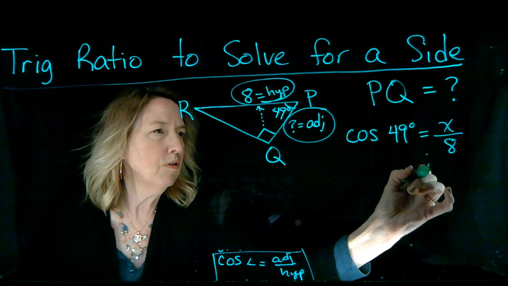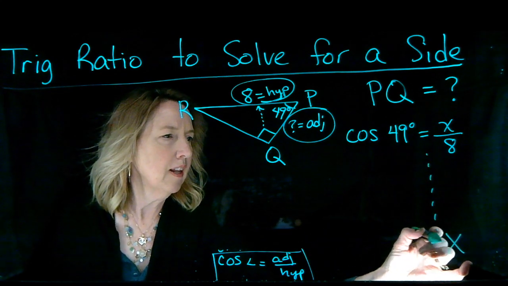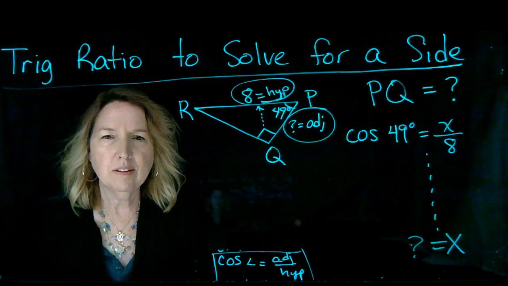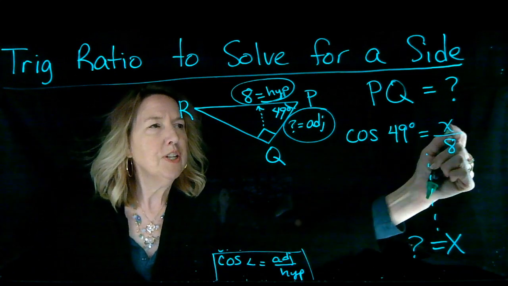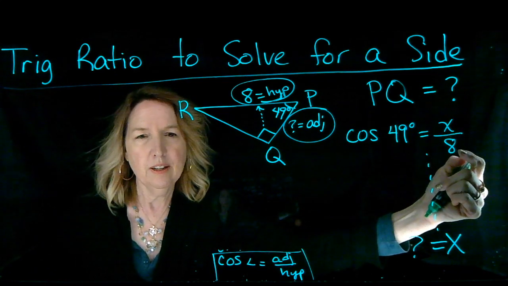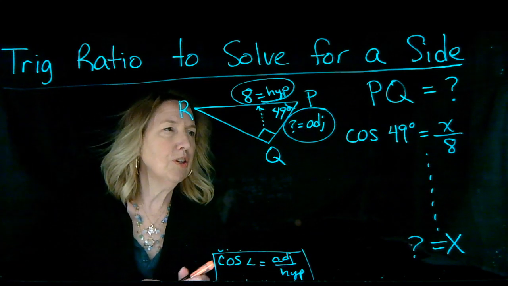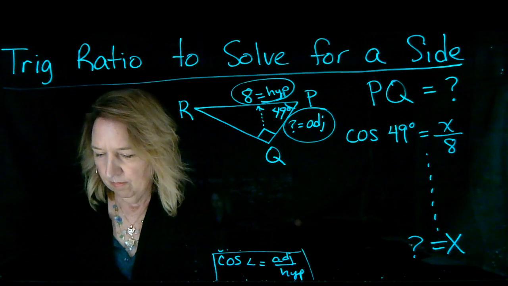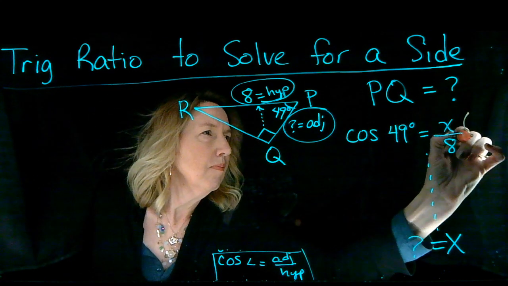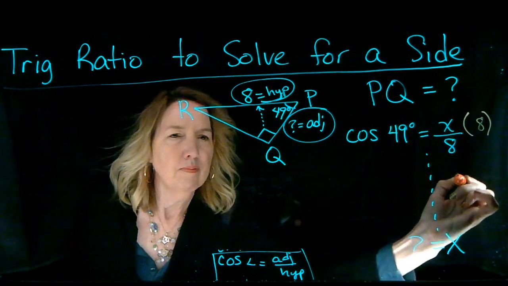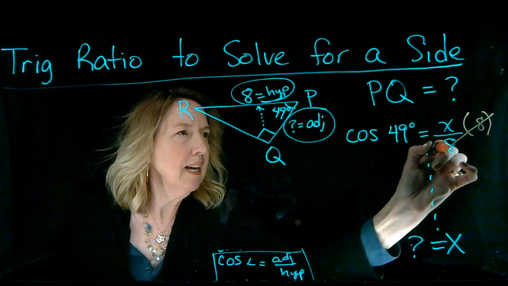Now we're going to use some algebra to get x all by itself. In order to get x by itself, and it has an 8 dividing, we're going to do the opposite, which is to multiply by 8. That allows us to cancel.